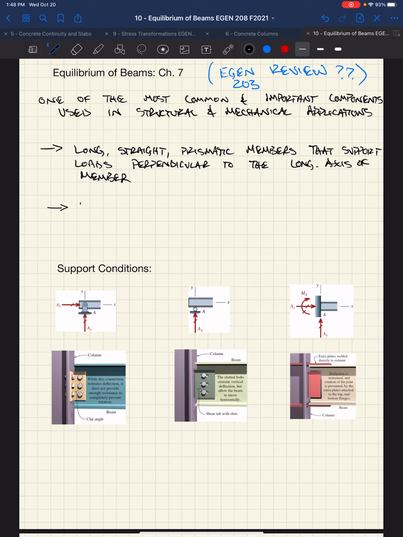Those loads or forces are resisted by a combination of shear forces and moments.